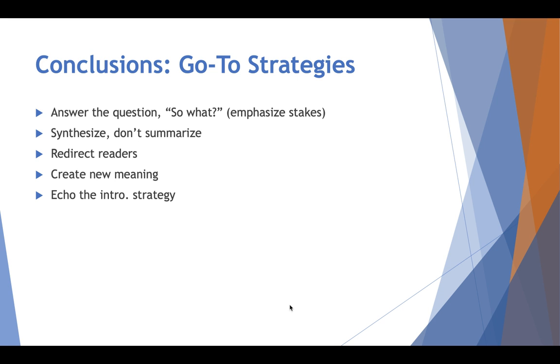One technique I really like is what I call the full circle effect. It's basically whatever you did in your introduction, you can echo that same strategy in your conclusion. So for example, if I were writing a paper on stem cell research, and I opened with the story of young Charlie, who has a debilitating disease that stem cell research might be able to cure, but there are restrictions on what stem cell research is allowed.